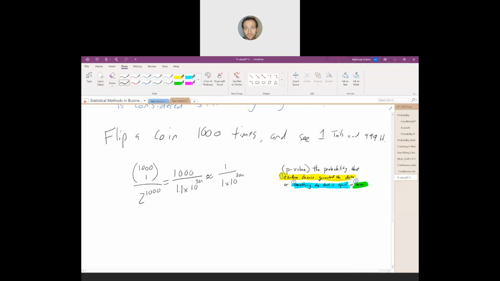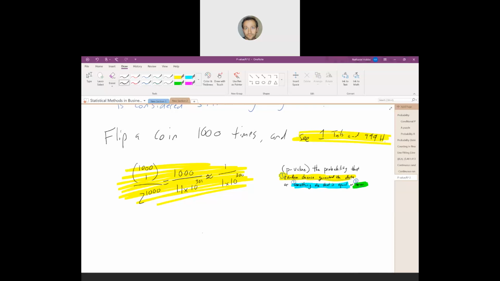So this is 1 over 1 followed by 300 zeros. It's a very, very small probability. So that's the probability of this event, seeing 1 heads and 99 tails.